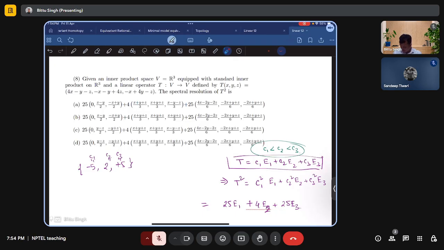So where is the definition? Okay, I cannot find it now, but you can check the definition of resolution.